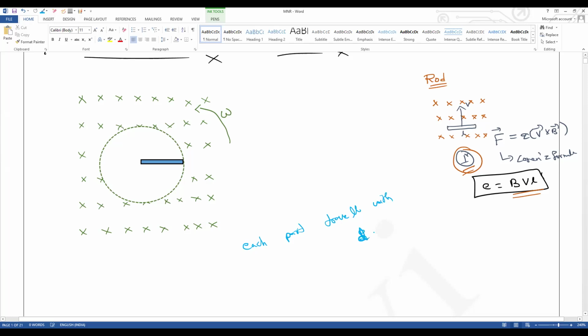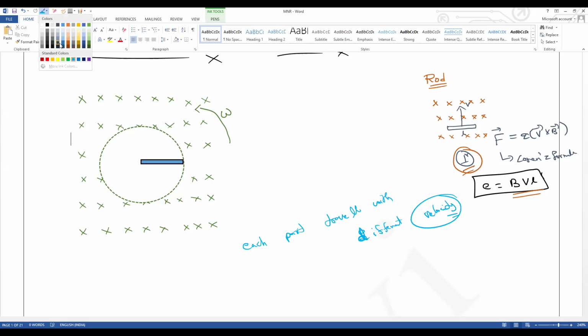It is rotating in a circular motion, so definitely it is not a constant velocity. Velocity keeps changing as the direction changes. Now let me consider several parts of this rod. This is my pivot point where it is spinning. Let me take this as part one.